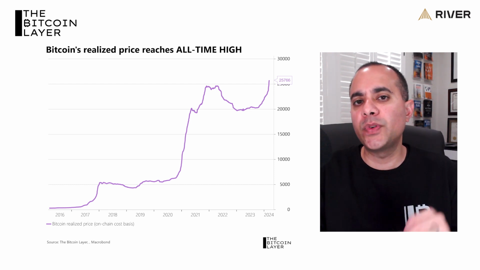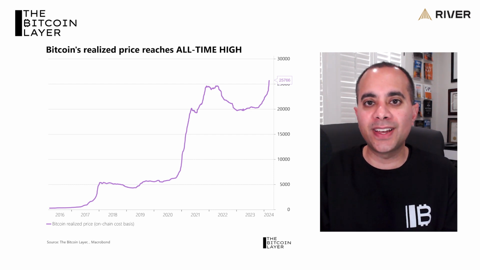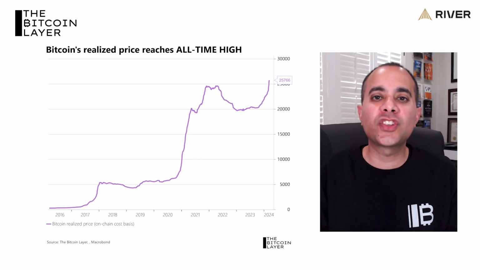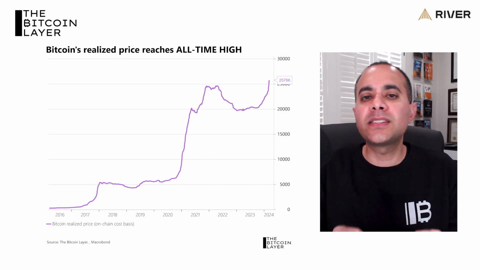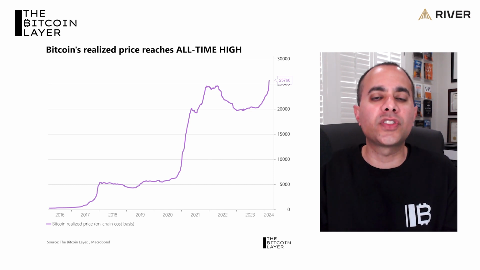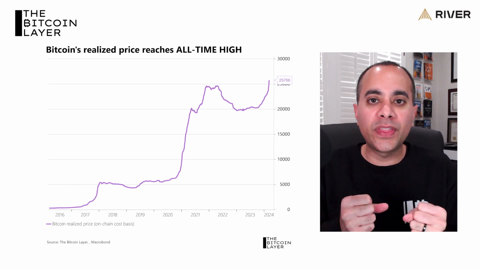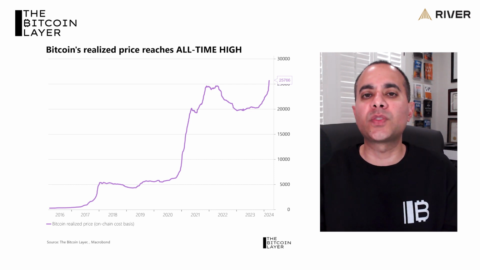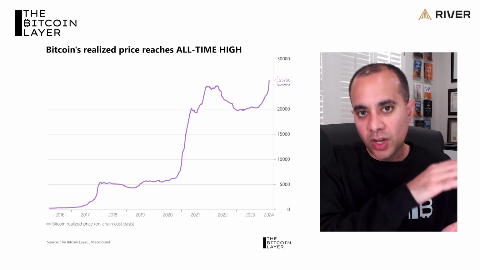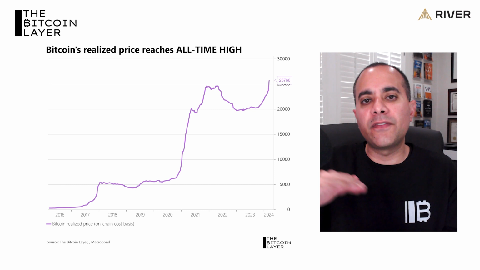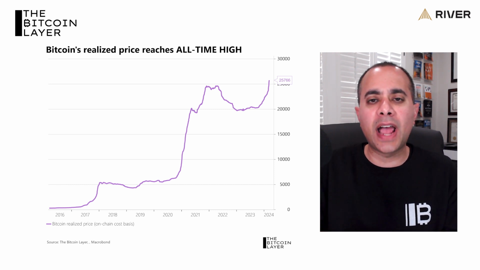Remember, the market price, if you think of it as a theoretical price, it's moving so much because nobody actually knows what it's worth at any given time unless buyers and sellers are moving the coins themselves on chain. And when they move them on chain, the realized price moves. So what happens is that realized price, as it increases very, very nicely in a bull market, as two things are happening.